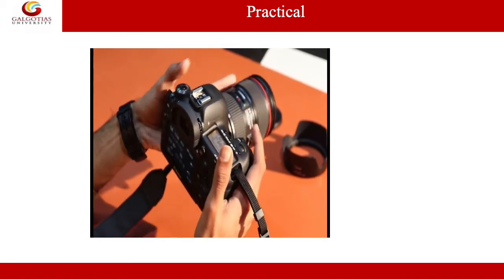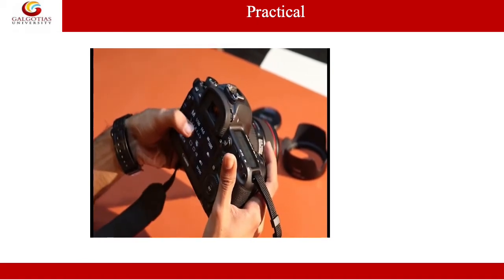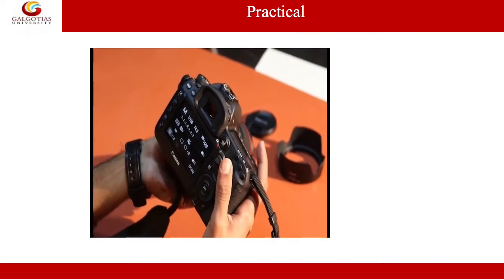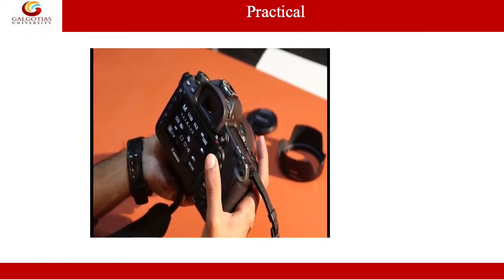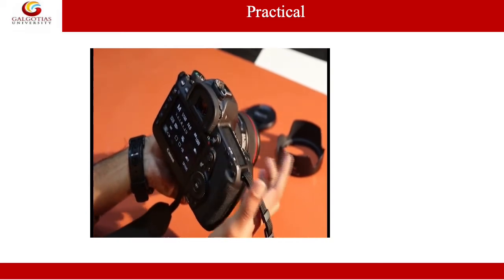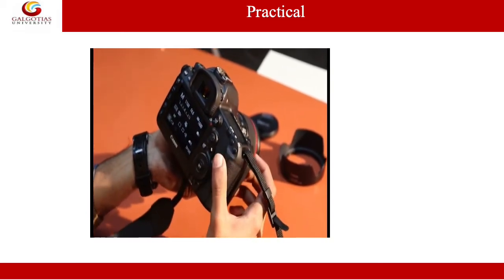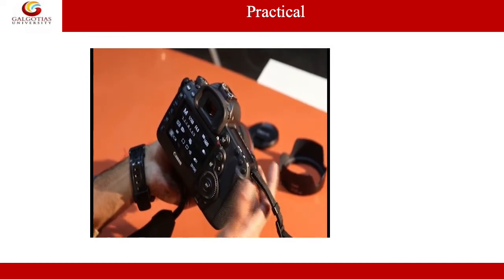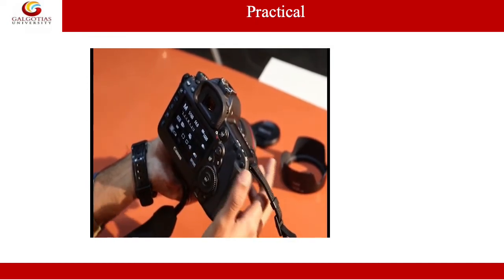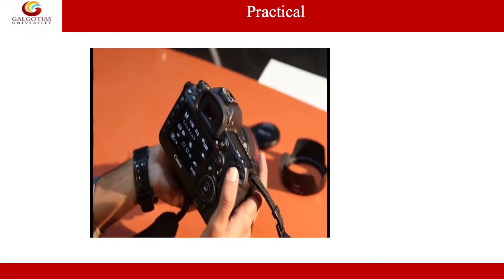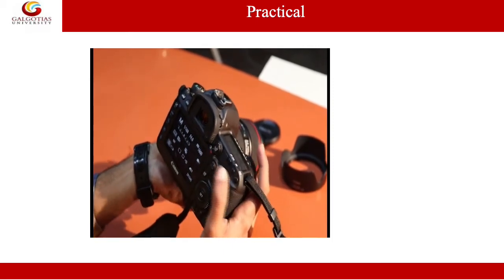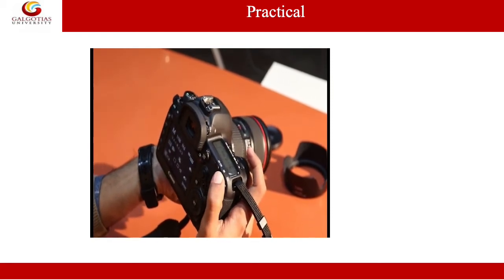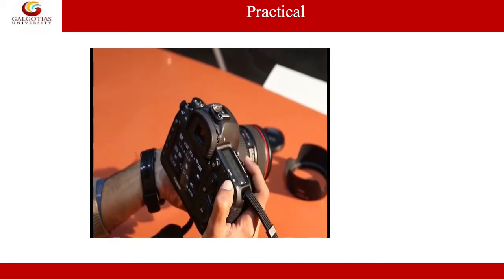The next thing we need to adjust is the aperture. Different types of lenses and their characteristics provide a different range of aperture, of minimum aperture. So in order to increase or decrease the aperture, we have to rotate this wheel by pressing this button.